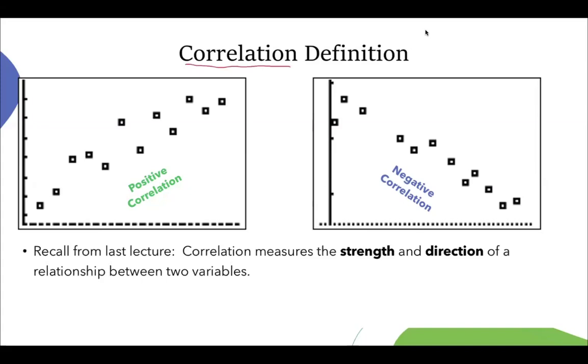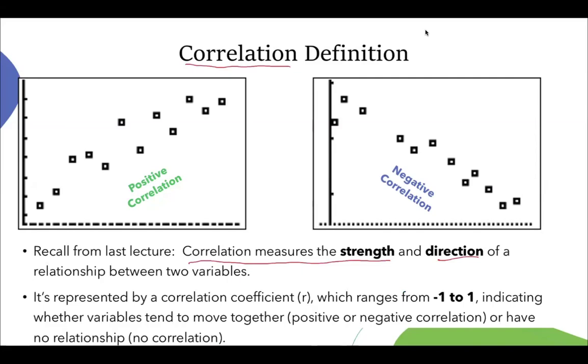Correlation is the measure of the strength and direction of a relationship between two variables. It's represented by the correlation coefficient, the letter R, which ranges from -1 to +1, and it indicates whether variables tend to move together in a positive or negative correlation or have no relationship at all, which would be no correlation.